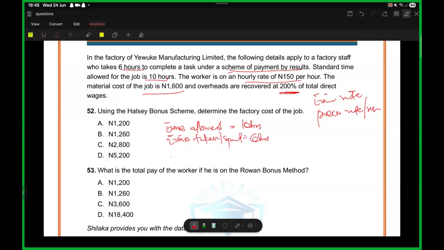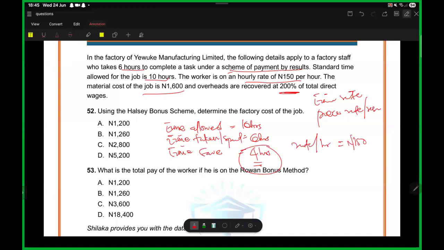It means that they have been able to save 4 hours. So the bonus scheme will depend on these hours. Now the rate per hour is given as 150 naira.